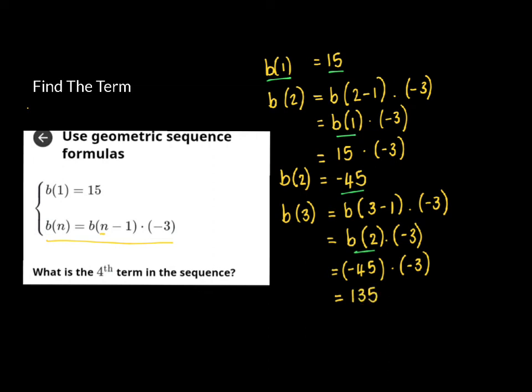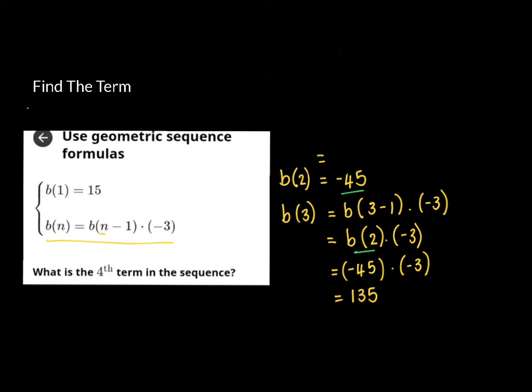So we're going to use the same formula we just used now. I'm going to erase what we have over here up top so that I can use this space to find B4, because we now know what B3 is. We can use that to calculate for B4. Okay, let's see what we're going to get up top here.